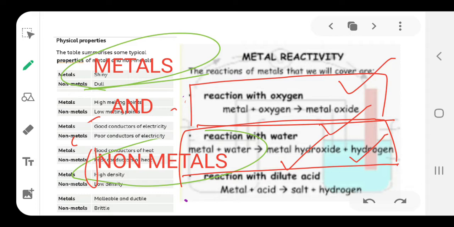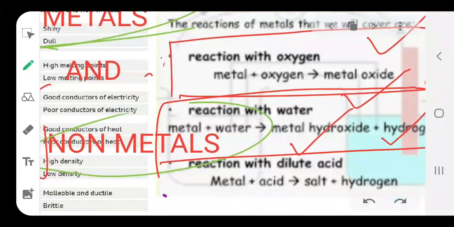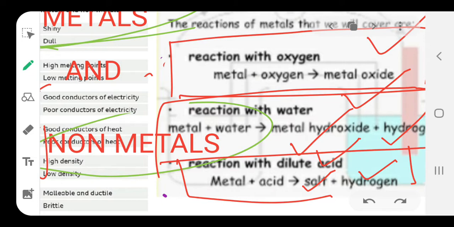And third, when metals react with dilute acid, they form salt with hydrogen gas.